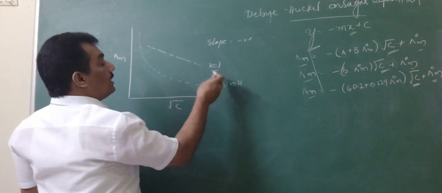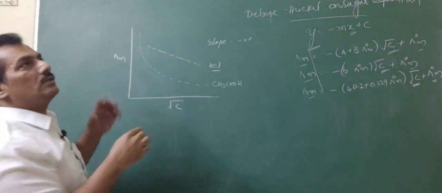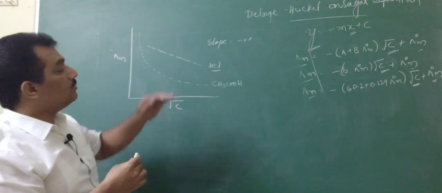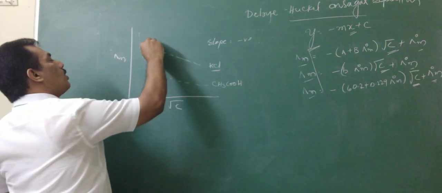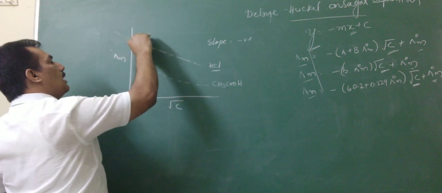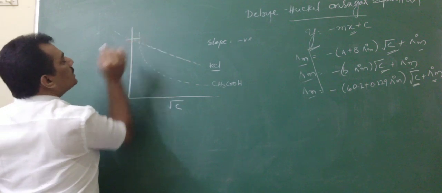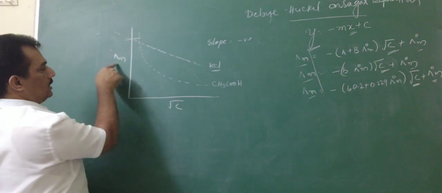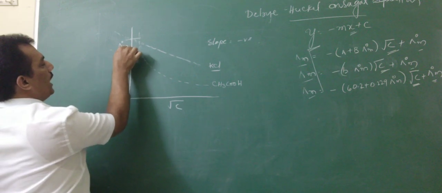And now we can get the conductance at infinite dilution, that is at zero concentration, by the extrapolating technique, where if we extrapolate this graph, it intersects the y axis, that is the conductance axis, at lambda naught m.